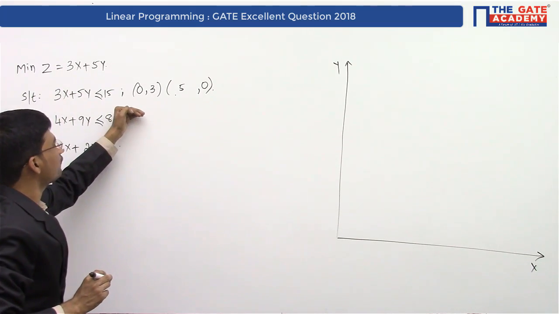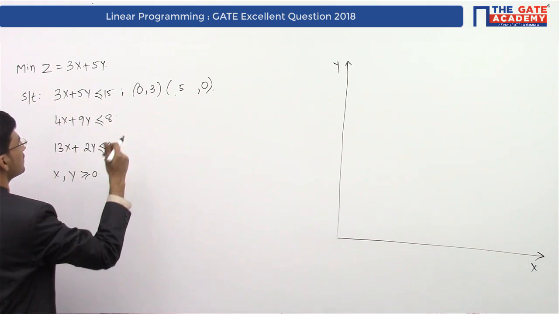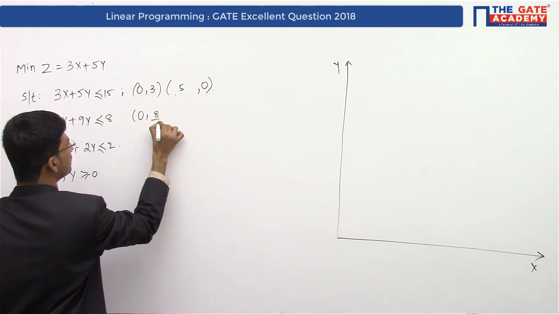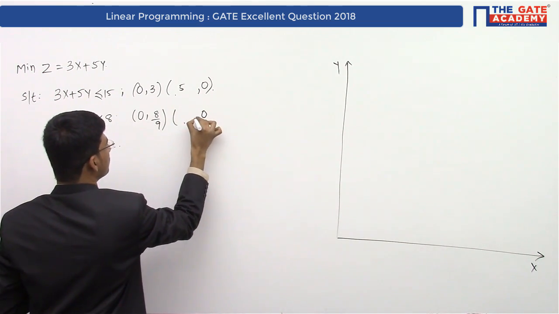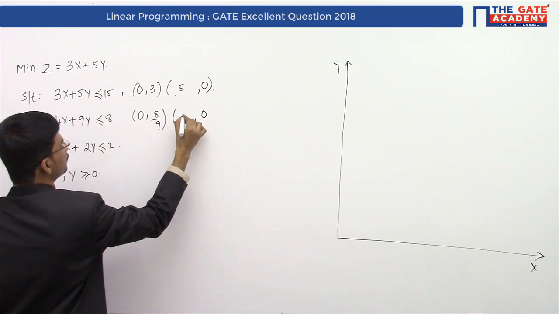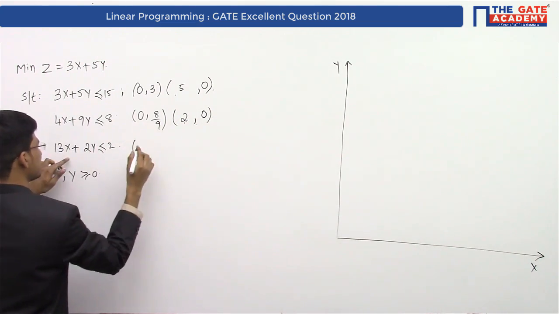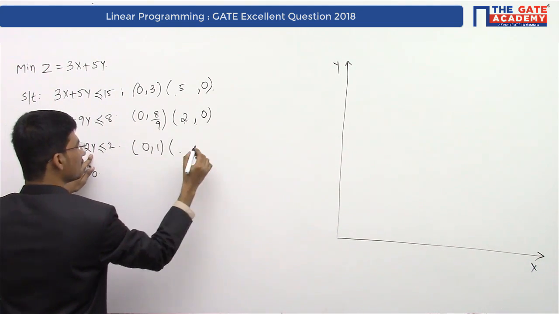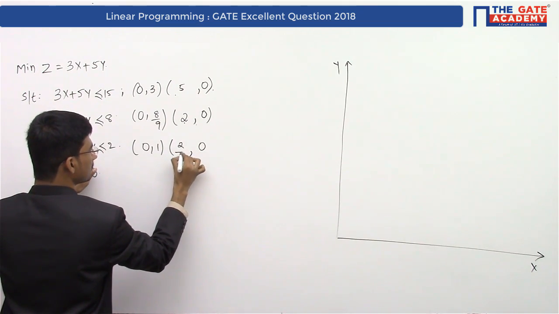Okay. So similarly for the next two constraints also we have to do the same thing. So put x equal to 0, your y will be 8 by 9. Put y equal to 0, your x will be 2. Now again put x equal to 0, y will be 1. Put y equal to 0, your x will be 2 by 13.